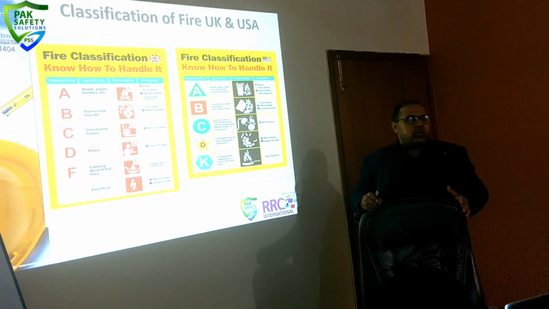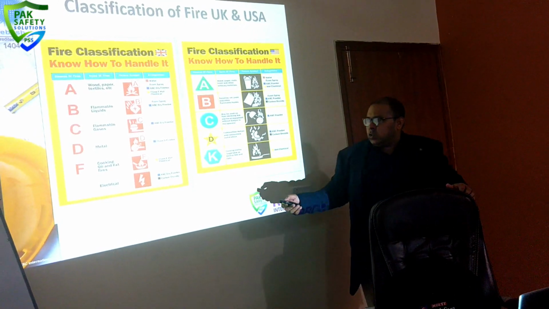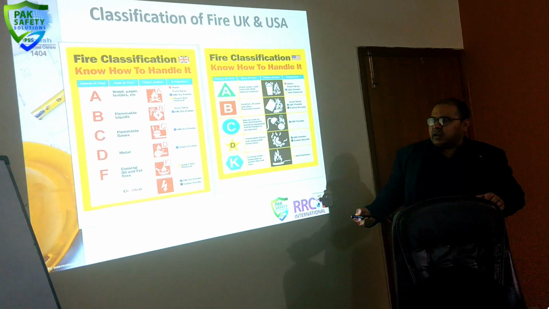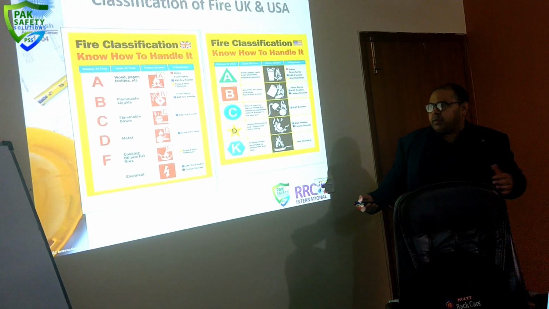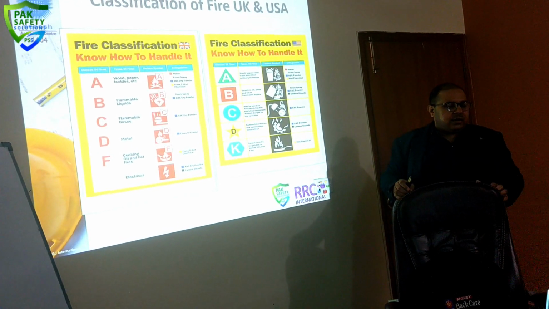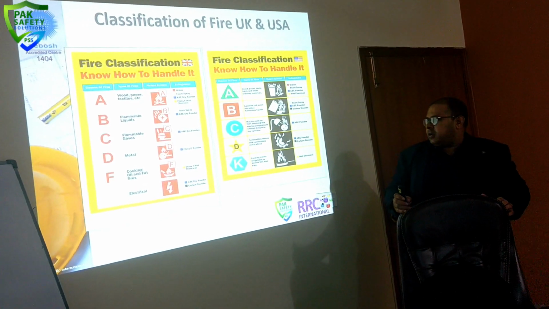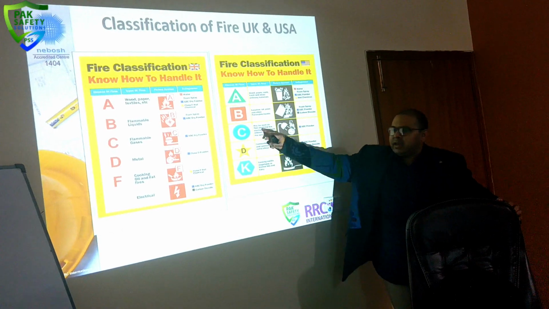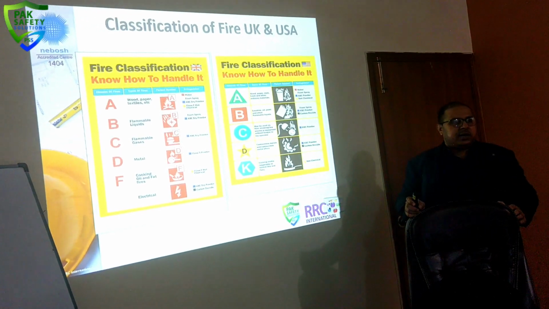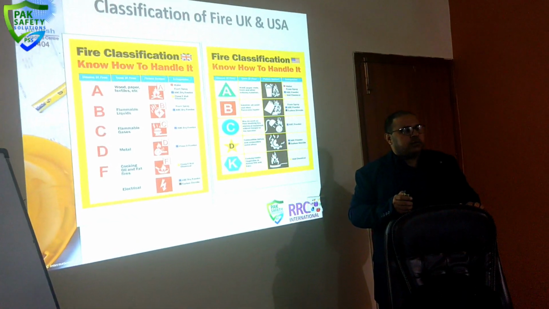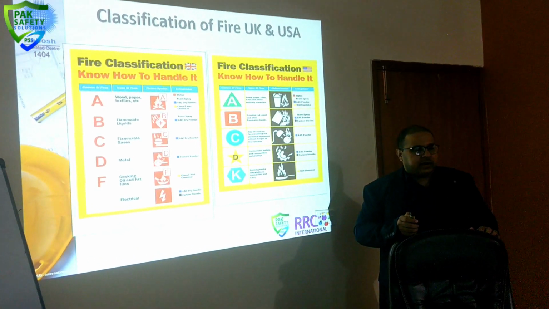In the UK we don't have any other classification for electrical, but they include it as a symbol, and they consider it an ignition source for fire. In the US they have class C particularly for electrical equipment. However, more or less they are covering the range of classification in both standards.